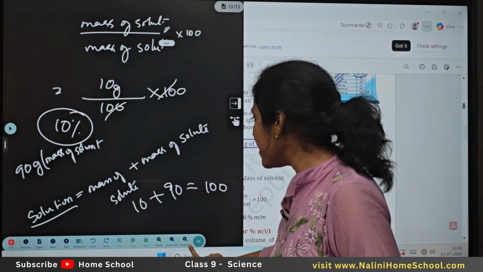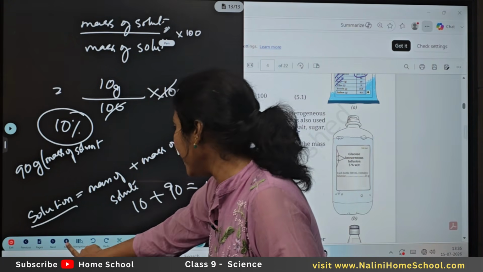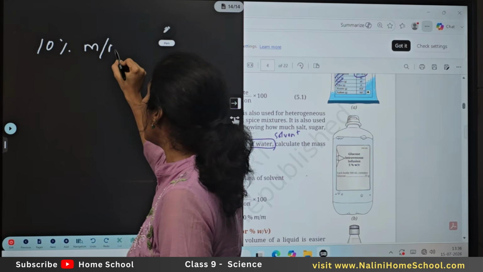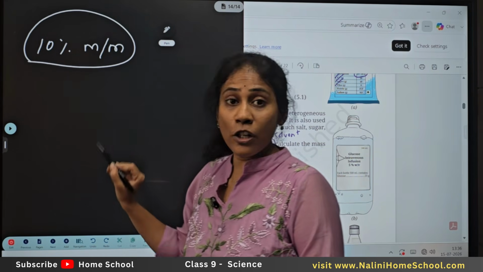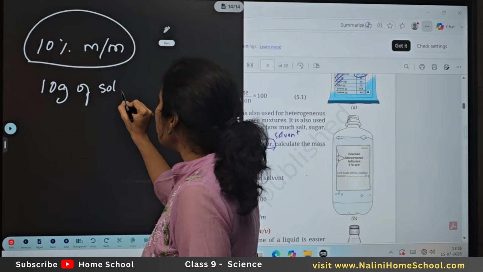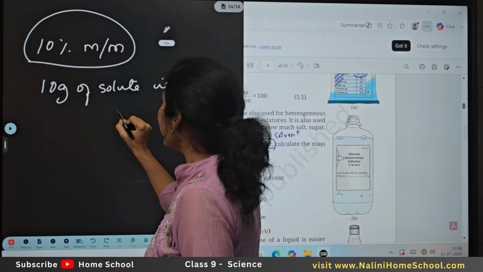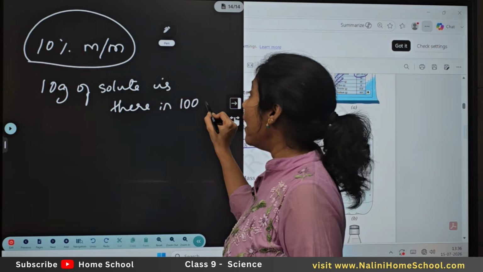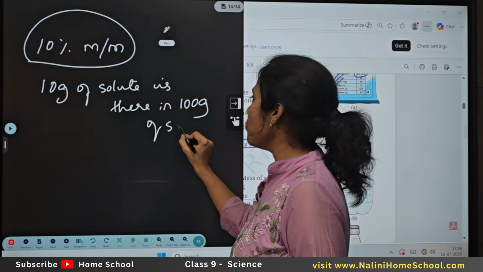So whenever I write the words 10% m by m, you should understand its meaning also. It means 10 grams of solute is there in how much amount of solution? 100 grams of solution.